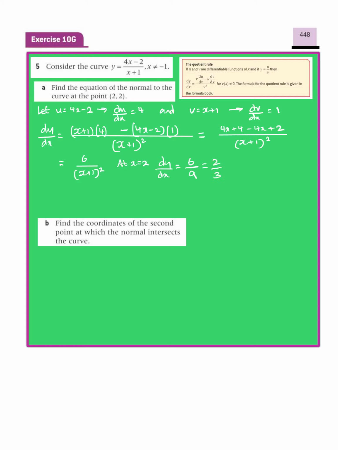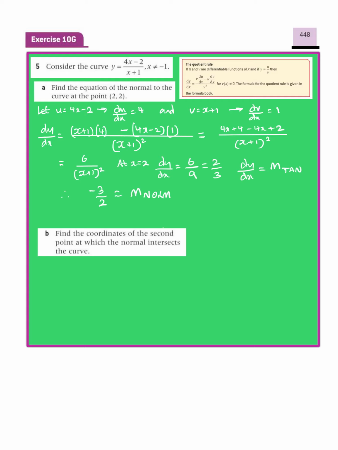Now dy/dx equals the slope of the tangent, and that's 2 on 3. Therefore, the gradient or the slope of the normal would be the inverse and the opposite sign. So that's going to be minus 3 on 2, and that is equal to the normal gradient.